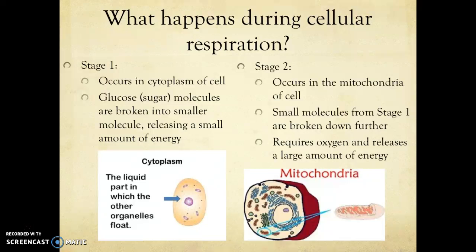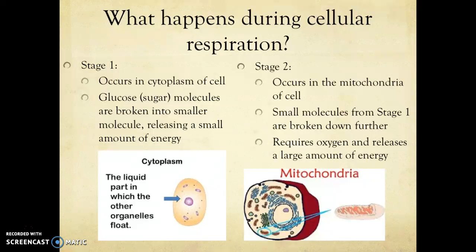So anyways, the glucose molecules are broken down into smaller molecules. And that releases a little bit of energy. Most of the energy, though, comes from stage 2. Now, in this stage, all of these chemical reactions take place in what's called the mitochondria.